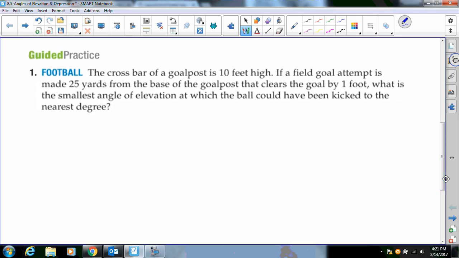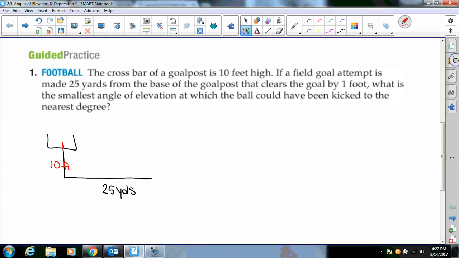Okay, most of this lesson is going to be word problems and you setting up a picture that accurately represents the scenario that they are talking about. So in this one, it says the crossbar of a goalpost is 10 feet high. So if we draw a goalpost here, and that goalpost is 10 feet high, if a field goal attempt is made 25 yards from the base, we'll put feet here, might help us, that clears the goal by 1 foot.